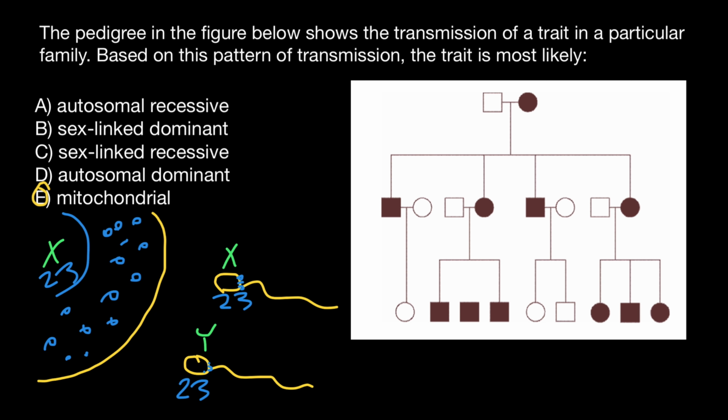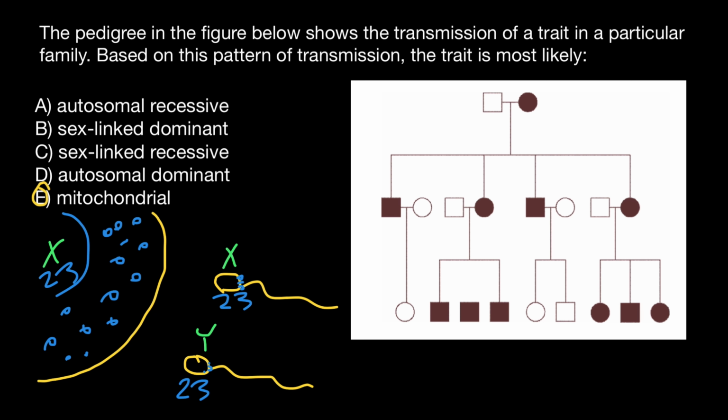For example, in this couple, this child is going to get mitochondria from the mother's side and not from the father's side. So in this couple, it doesn't matter how many children they have, all children would be healthy. And in this couple, no matter how many more children they would have, all of them would be affected, because they are all going to get mitochondria from the mother's side.